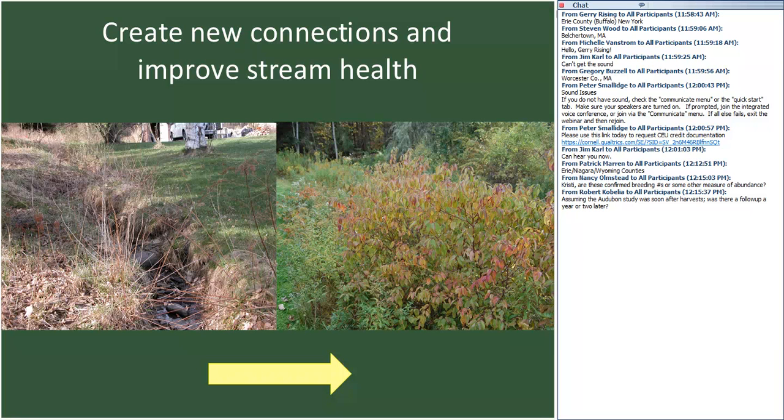Even on a small property, even with a small water feature, you can have some pretty significant effects and do some great things in terms of habitat and stream erosion just by not mowing for a short distance next to these features. And so this is actually a picture of a small kind of ephemeral stream that runs down.